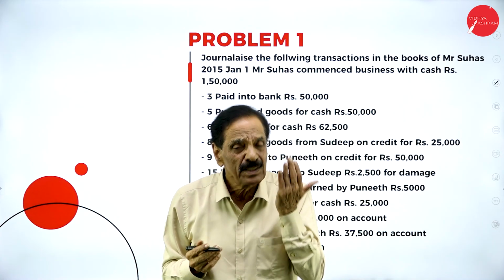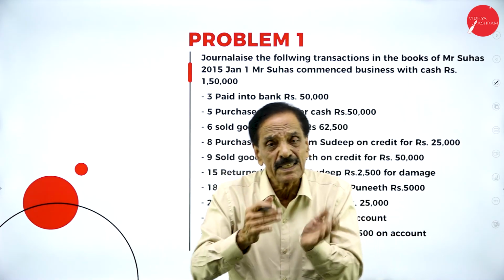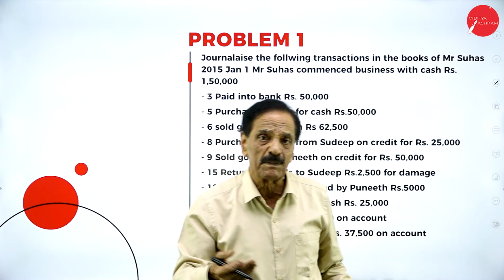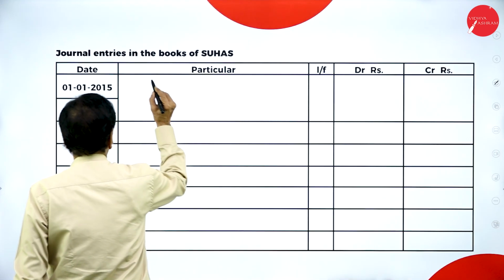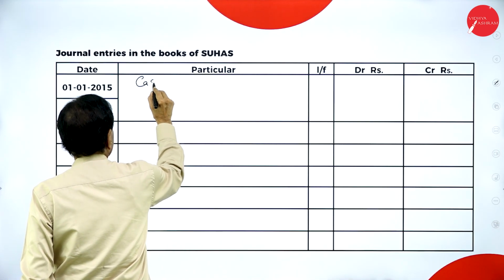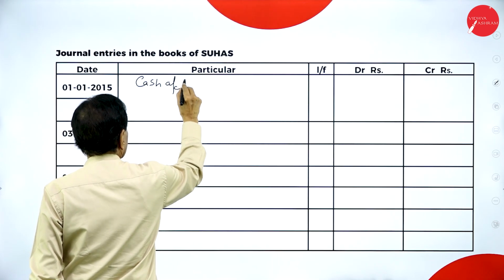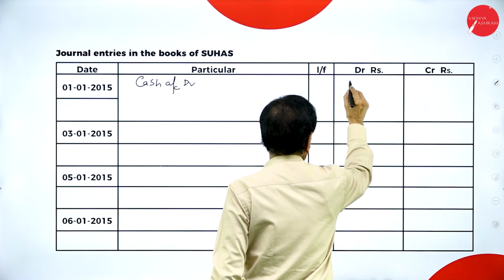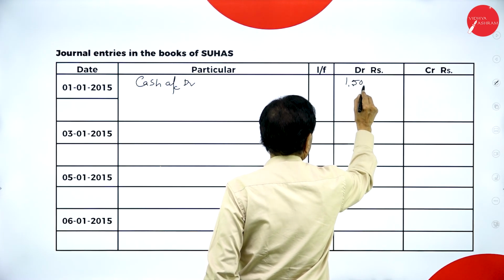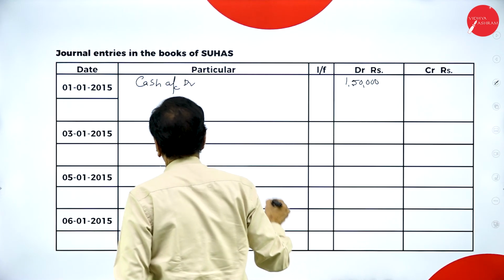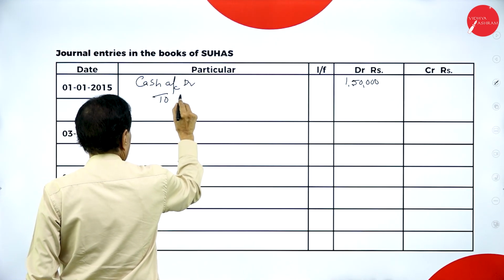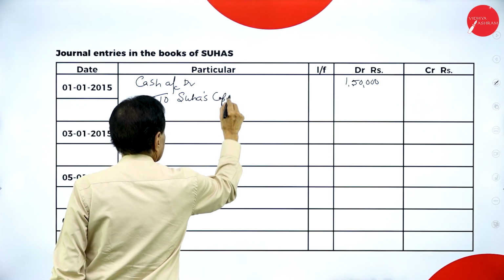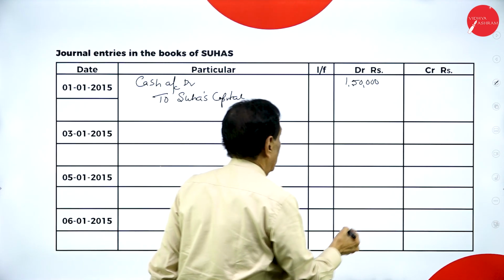What is coming in is cash, which is a real account. What does the real account say? Debit what comes in. It is coming into the business. Commencement means capital. Cash account debtor, 1,50,000, to Suhas's capital, 1,50,000.